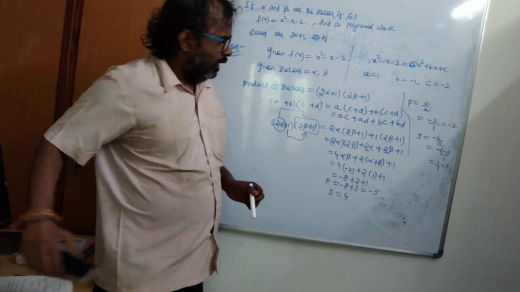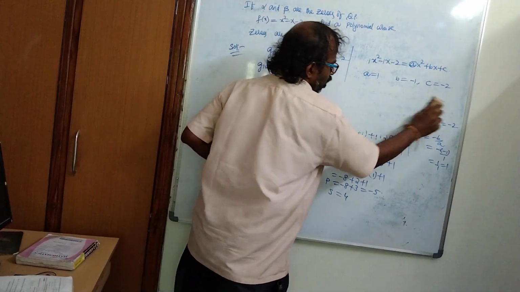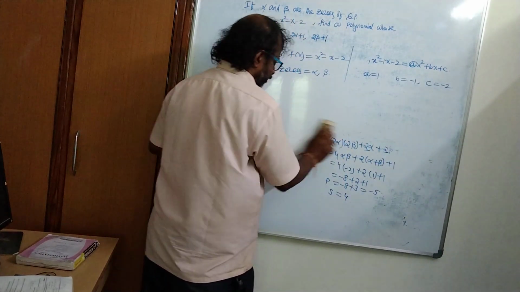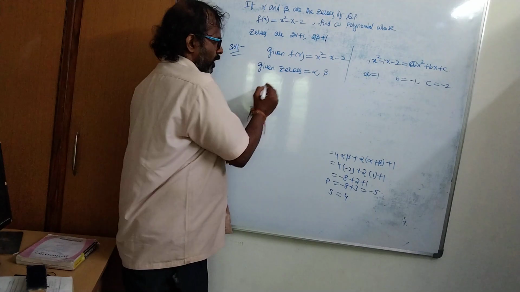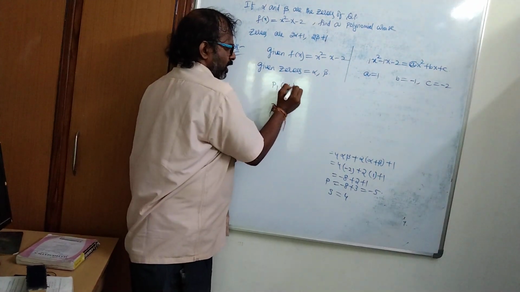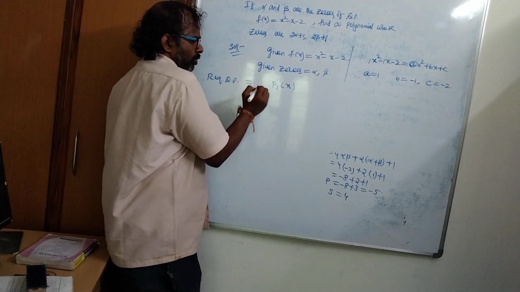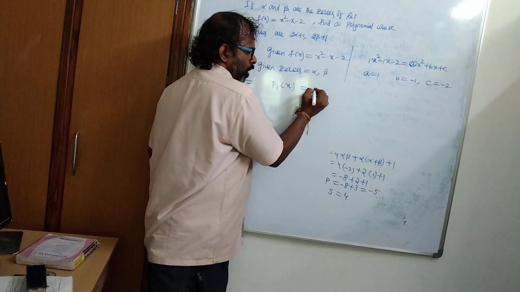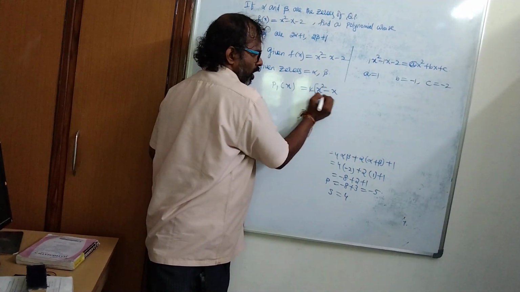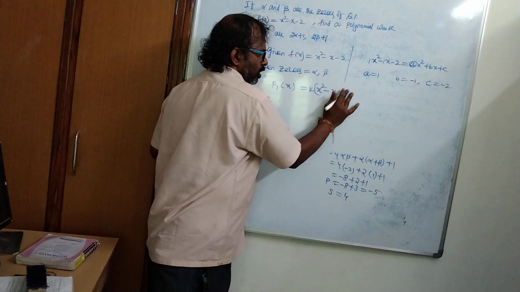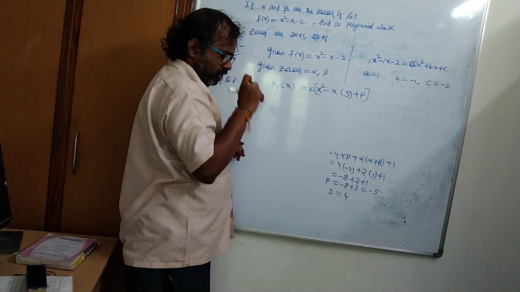Okay. Now we have to find the required quadratic polynomial. What is that required quadratic polynomial? So the required quadratic polynomial P1 of x is equal to k into (x square minus x into the sum of zeros plus the product of zeros).